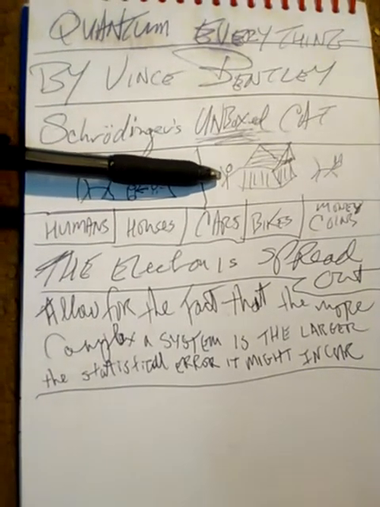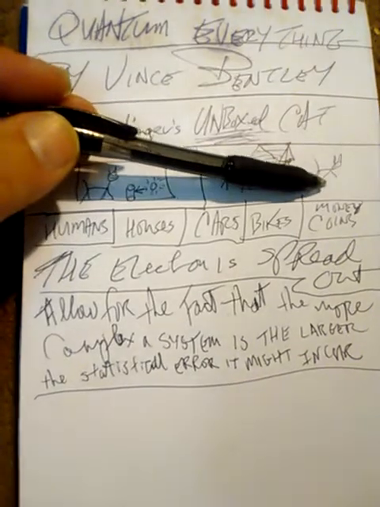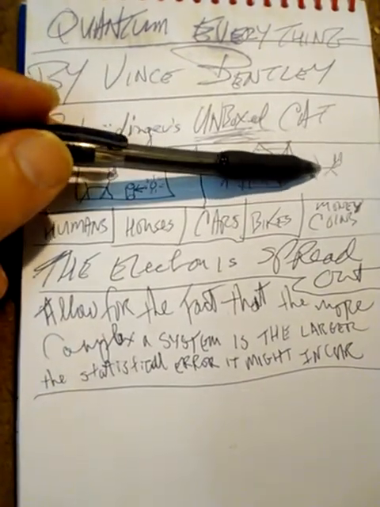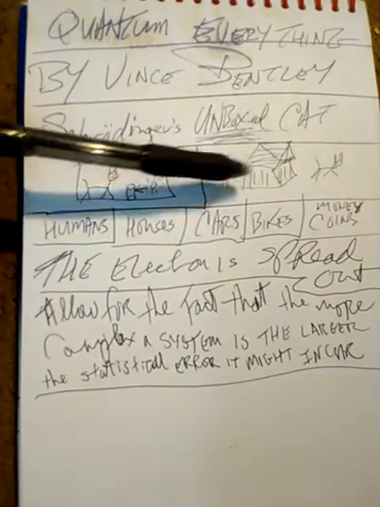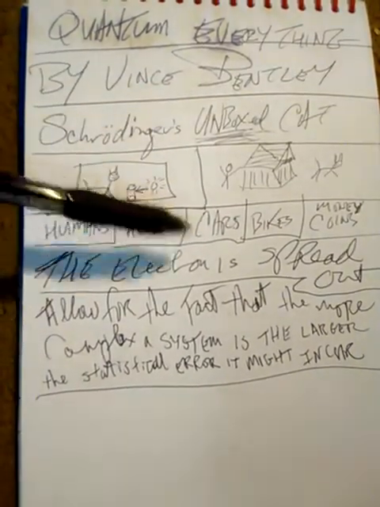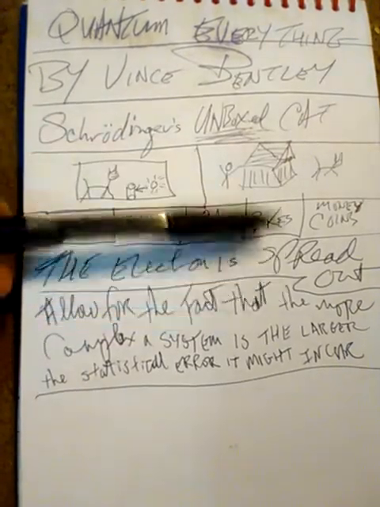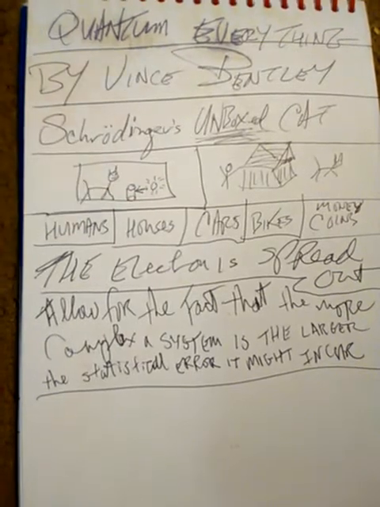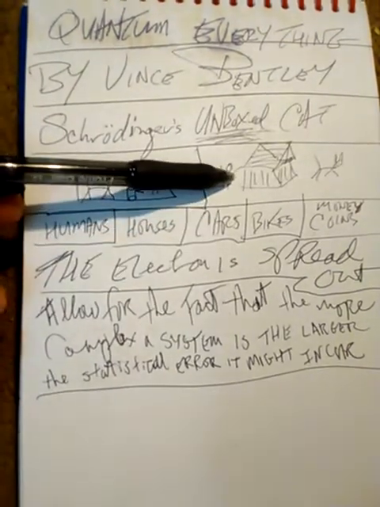My cat was in two quantum states: either alive or dead. I didn't know which one it was until I saw the cat. That's the same thing that happens until you open the box. Schrodinger then says the wave function collapses, and we know now that the cat is alive or dead.